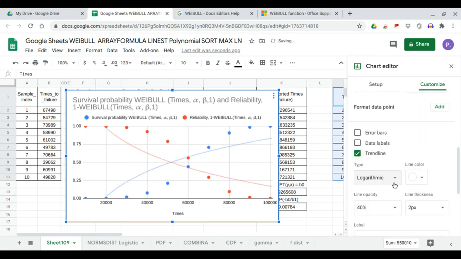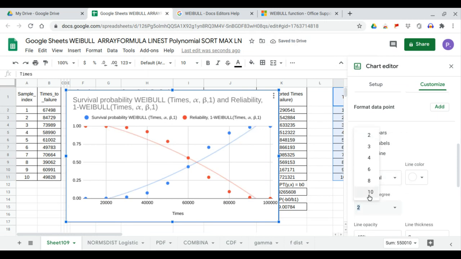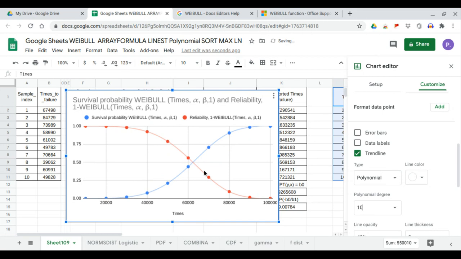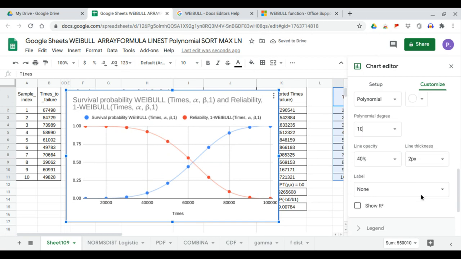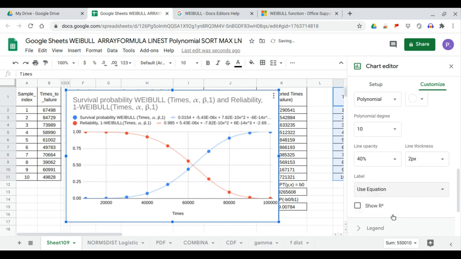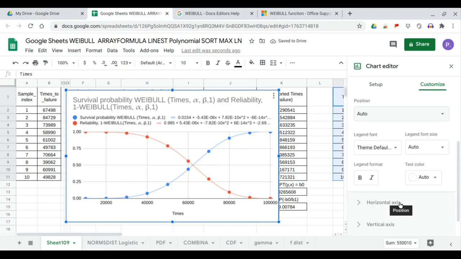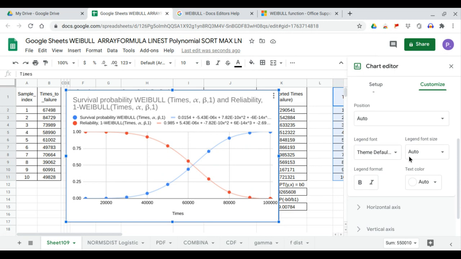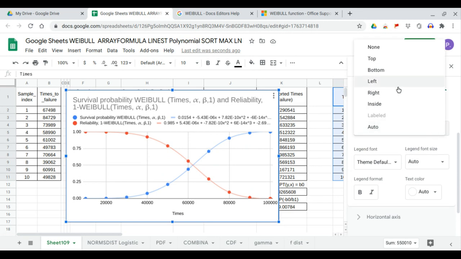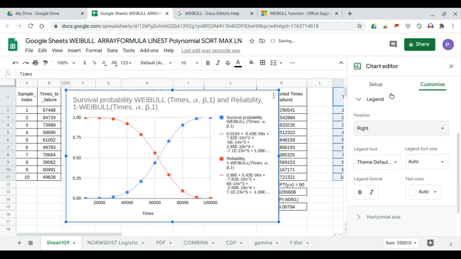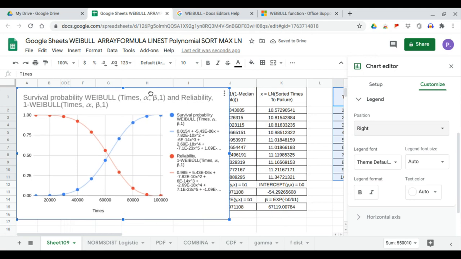Use polynomial to the 10th degree because we'll try to maximize it. And show the equation. Put it on the left or on the right, whichever is convenient. We'll put it on the right. Expand this.